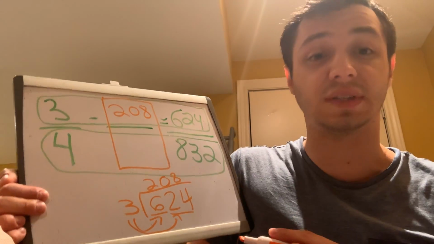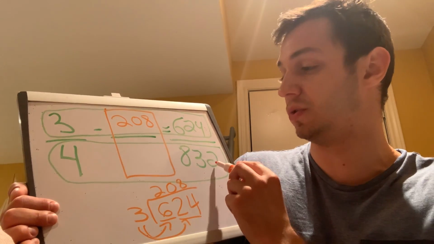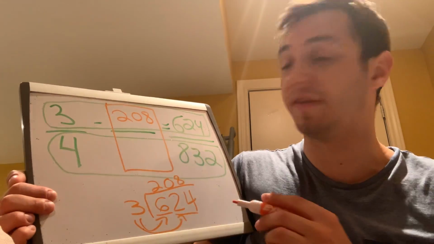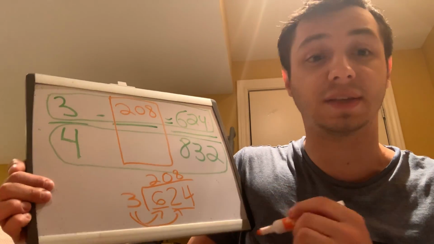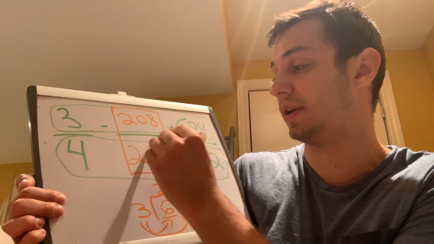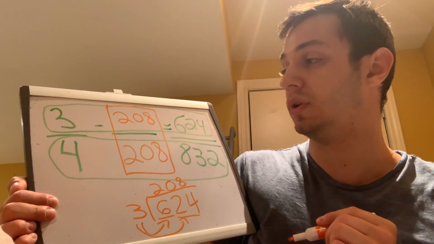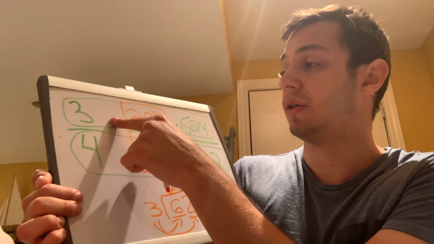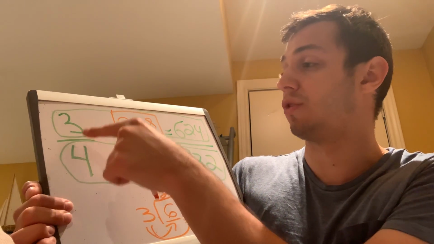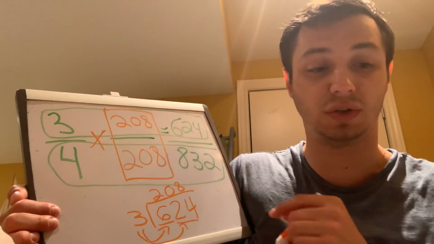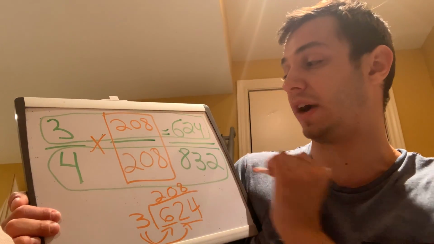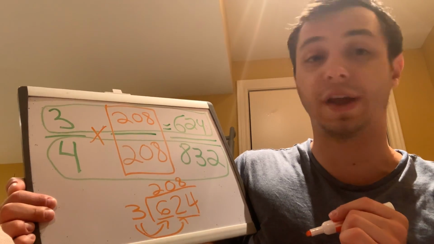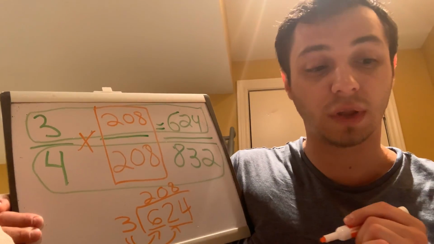And then I have to do the same with 832 and divide it by 4. So if I do that as well, I'm going to change it into a division problem, and then I'll get the same answer, which is 208. So our fraction then is, we know that 3 over 4 multiplied by 208 over 208 gives us the second fraction, which is 624 over 832. So let's look at example 1 together.